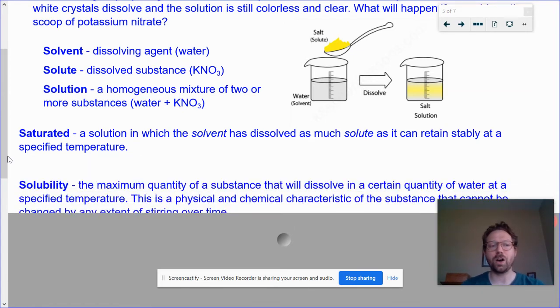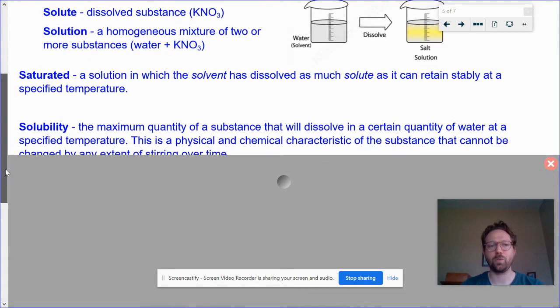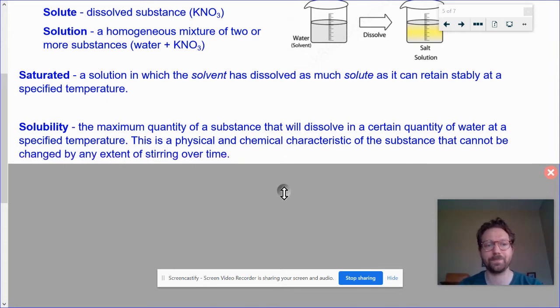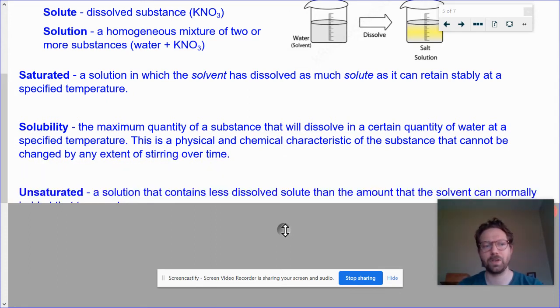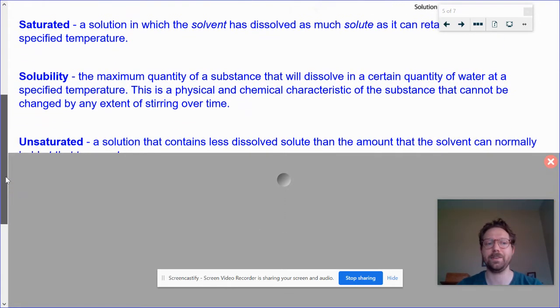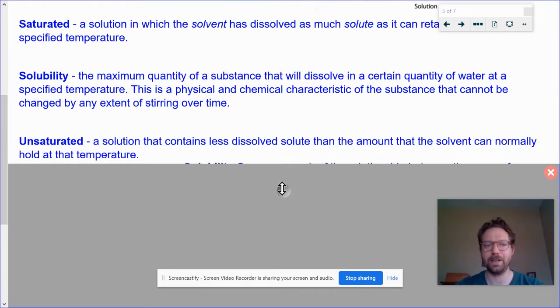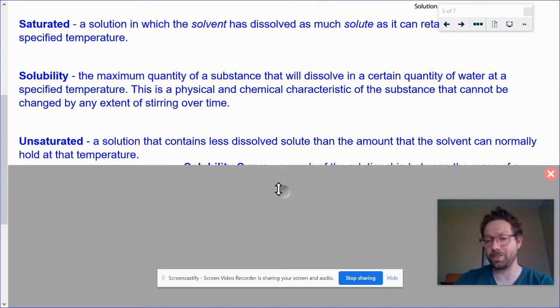So solubility, right, that word really is the maximum amount of solute that can dissolve in a solvent at a specific temperature. Unsaturated or not saturated means that you could dissolve more solute in the solvent.